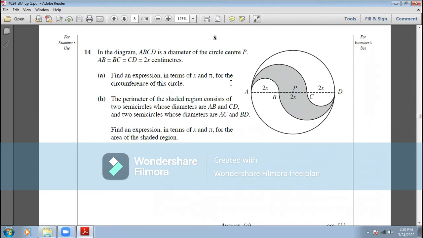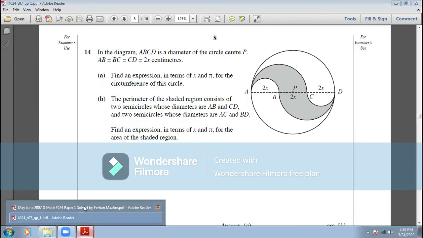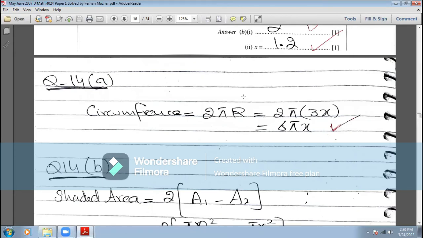The formula for the circumference is 2 pi r. The radius for the large circle, if you look at the diameter, the diameter is 6x, and the radius for the larger circle will be 3x. So I just apply that formula. Circumference is equal to 2 pi r, and put the values.